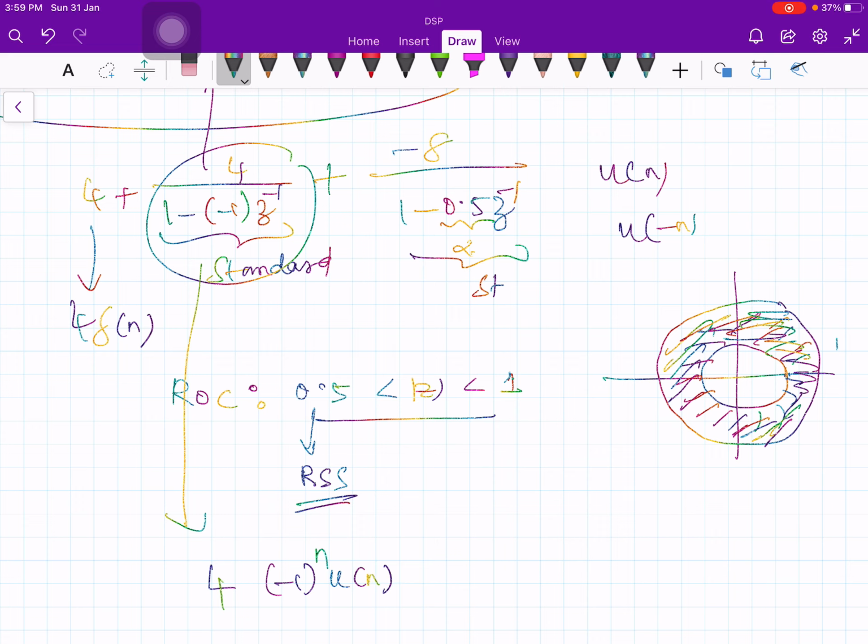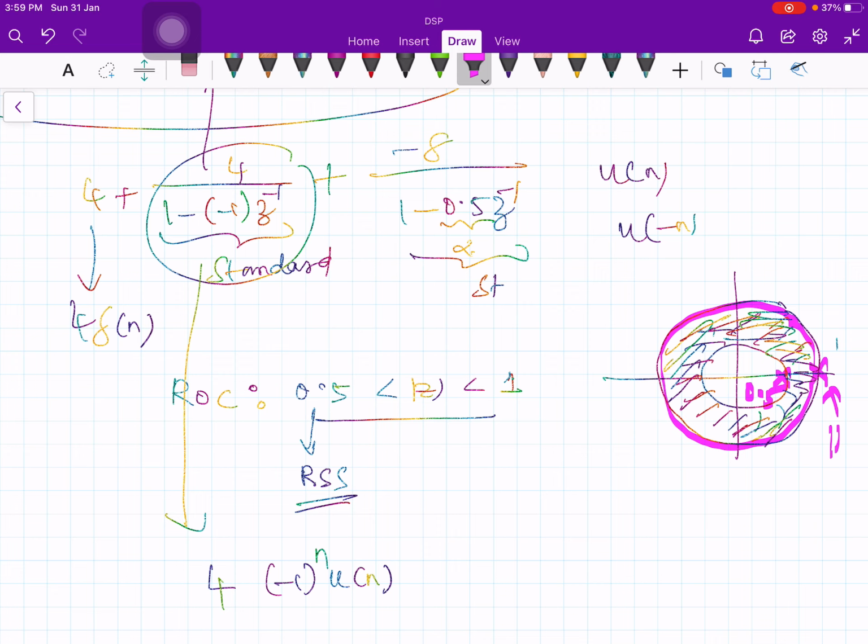Now this is the location of 1, outside circle. This is 1 and this one is 0.5. Now the outer circle has a radius of 1, but the ROC is within the outer circle, that means inside the circle.